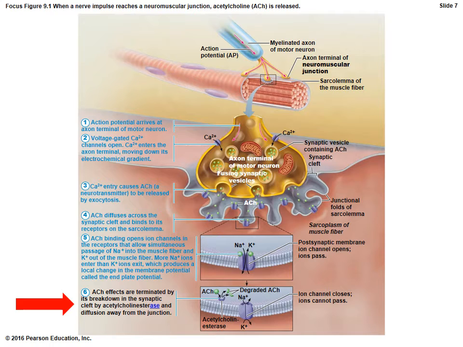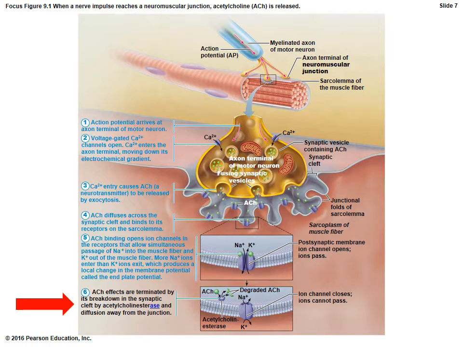It's called acetylcholinesterase, or it likes to be abbreviated AChE. And what we see happen is if the acetylcholinesterase is introduced into the system, it will quickly break down any free-floating acetylcholine. It can also remove it from the acetylcholine receptor, and when it removes it, those ion channels will immediately close. So I just wanted to point this out.